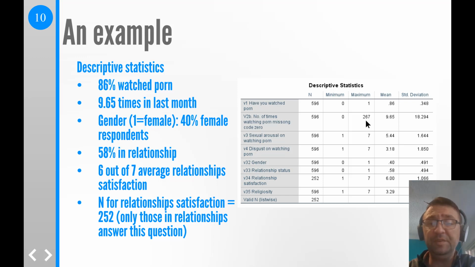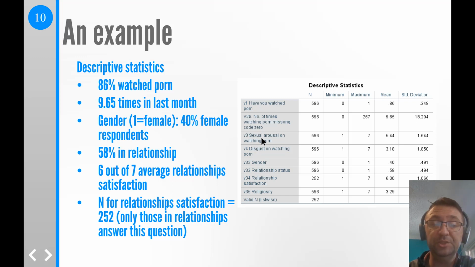That is a very specific maximum number. This is the number of times watching porn in a month. So it's about 10 times a day. And the mean is about 10 times a month. But there's a large standard deviation, so there's a lot of variance in that number.